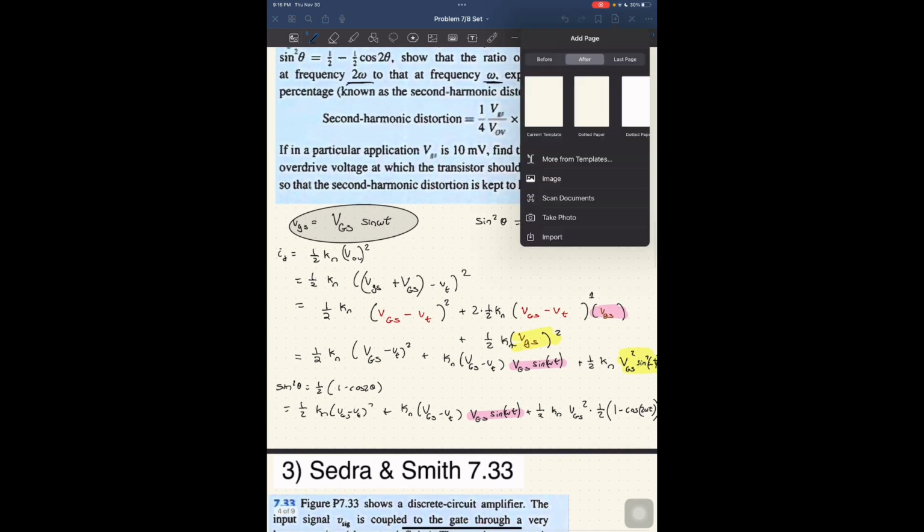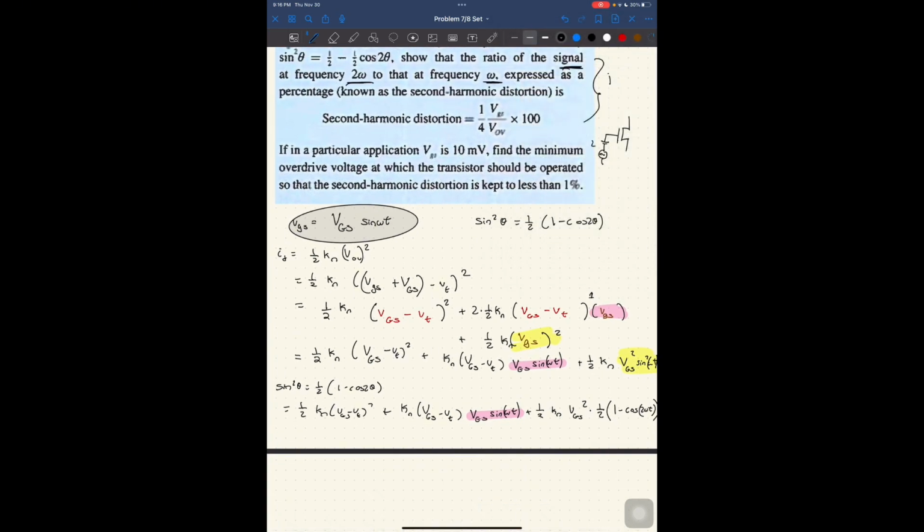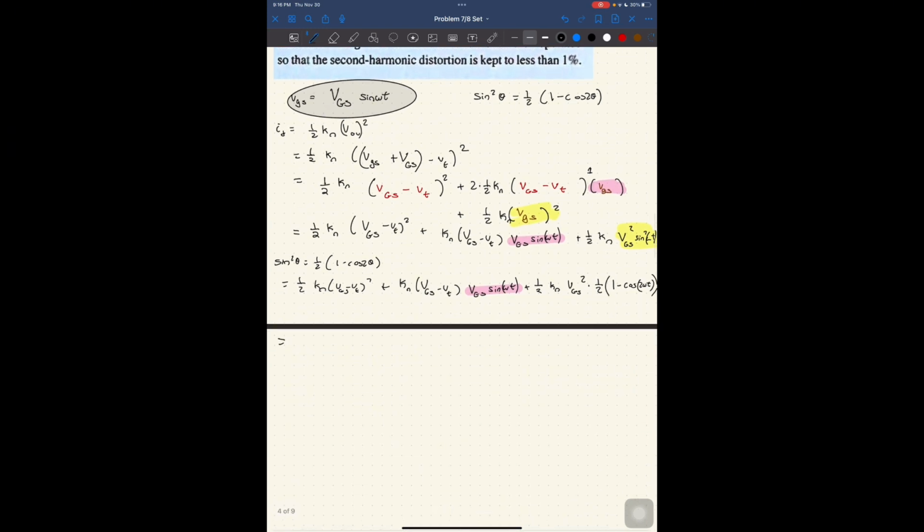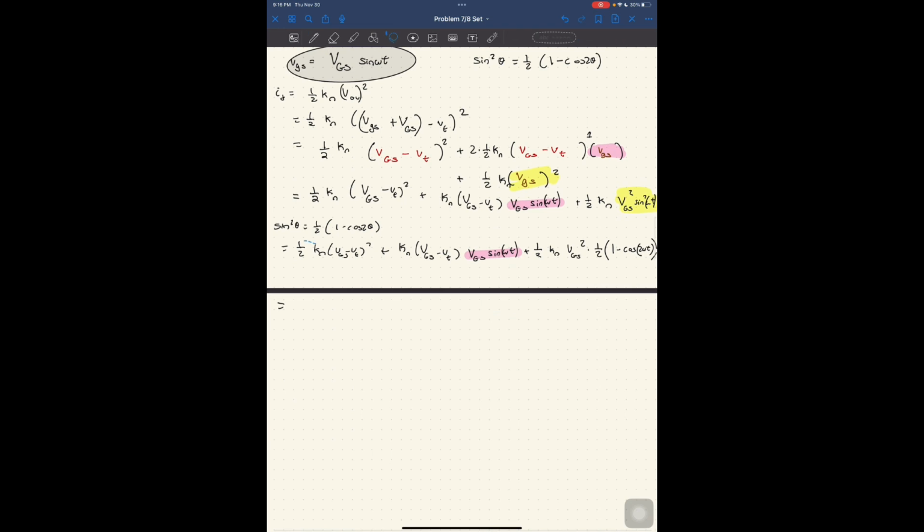If I was to further simplify this, we would have it equal to all of this, and then I could expand this: half Kn VGS squared times half, minus half Kn VGS squared cos 2 omega t.